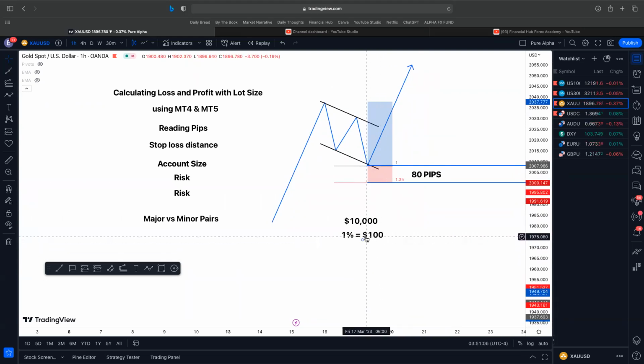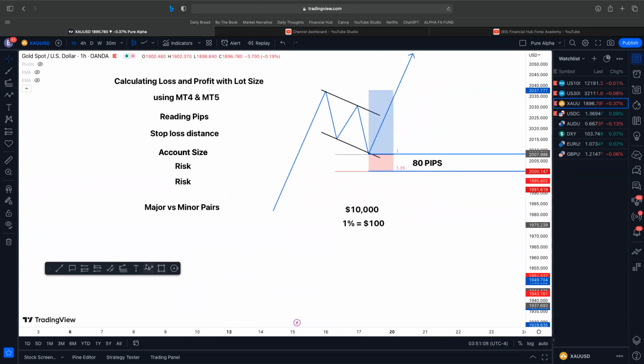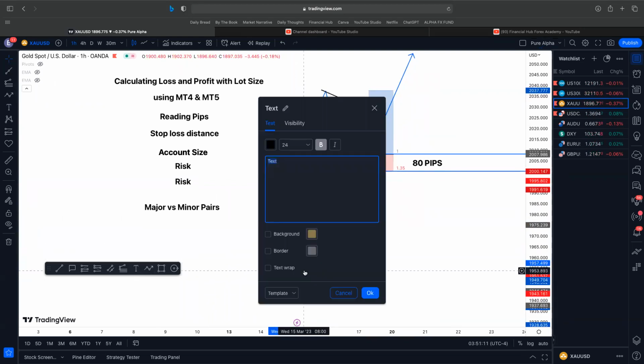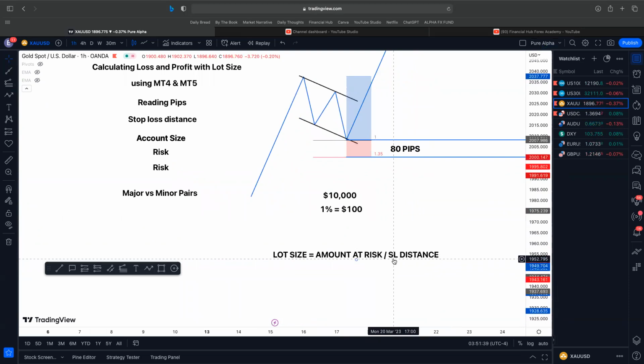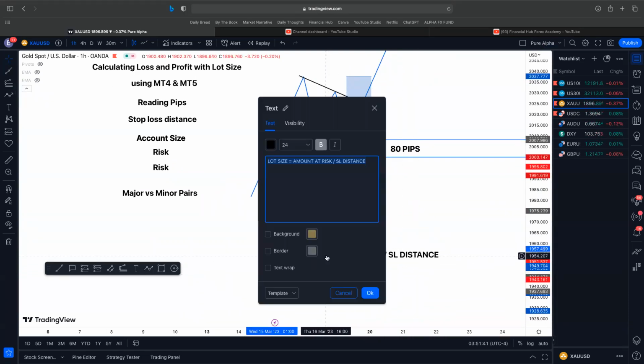We have this in the course. This is not something new. If you watch the course around risk, you're going to see this. So lot size equals amount at risk divided by stop loss distance.